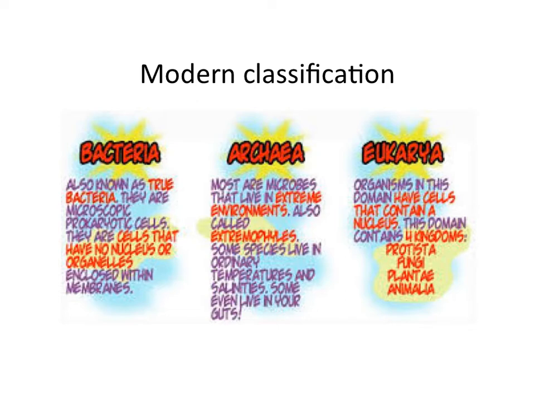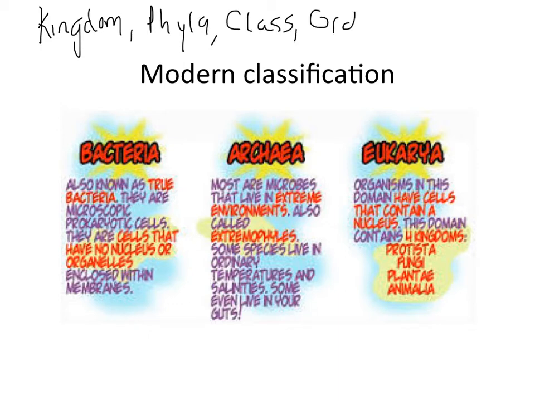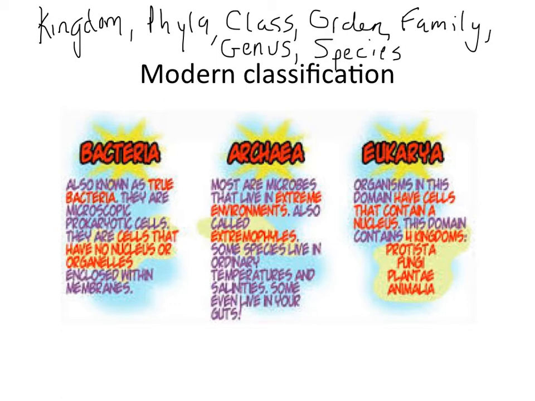But Linnaeus's classification system, which we saw earlier on the second slide, goes kingdom, then phyla, then class, order, family, genus, and species. So before you can even get to the species, you have to start at the kingdom, decide the phyla, then the class, and the order, and you keep on going through.